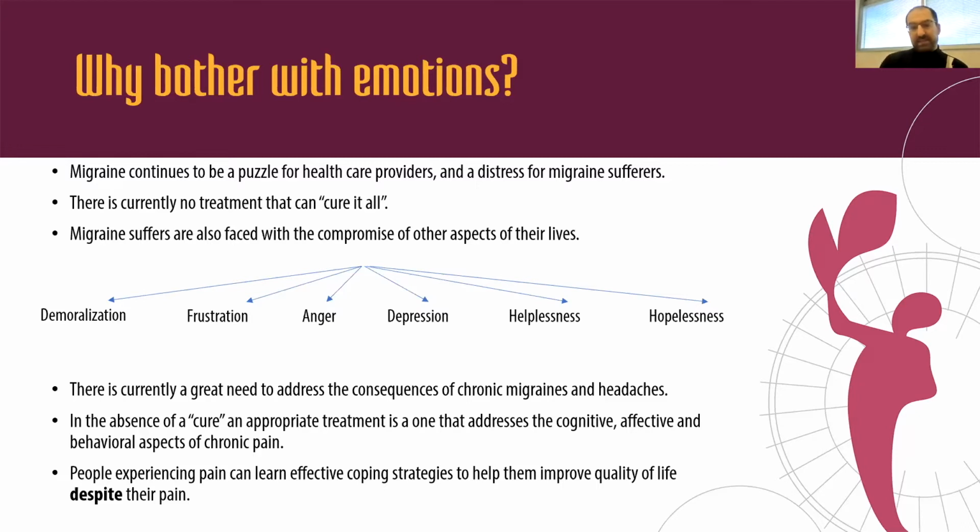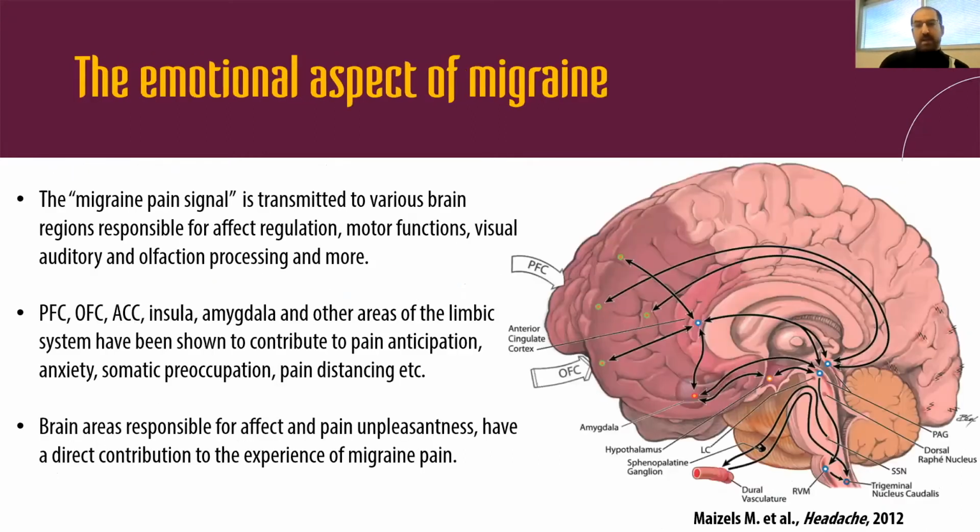And the fact is that those who are living with migraine disorders, once they learn effective coping strategies to deal with those underlying aspects of migraine pain, actually improve their quality of life, despite the fact that they might still be having migraine pain.